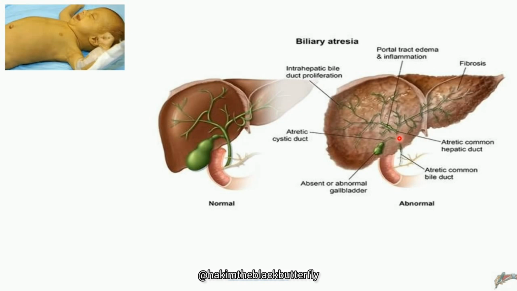Why? Because the bile contents are going to remain stuck in the liver, irritate the liver, increasing chances of liver disease. And that's why these babies, once they are born with such an abnormality, they have to be operated.